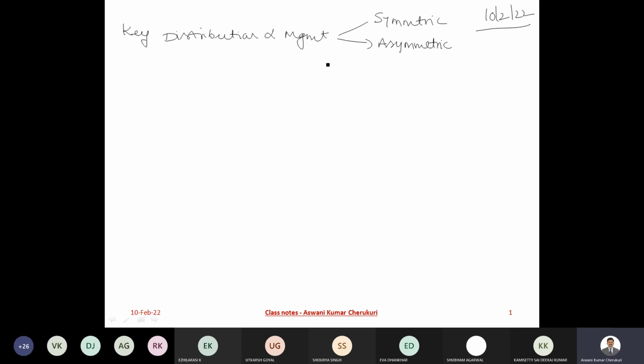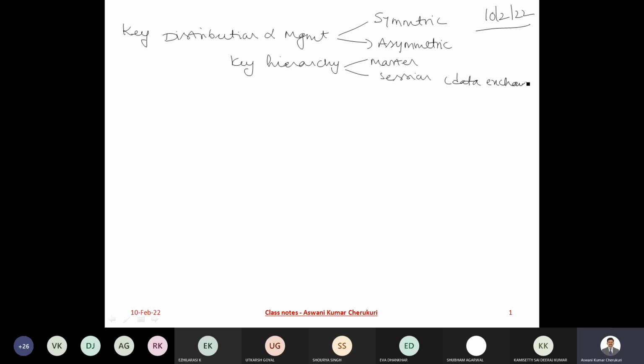Also, we discussed the key hierarchy, right? Especially in a symmetric environment, the role of key hierarchy in the sense you have the master key and you have the session key. Session keys are typically used for data exchange.